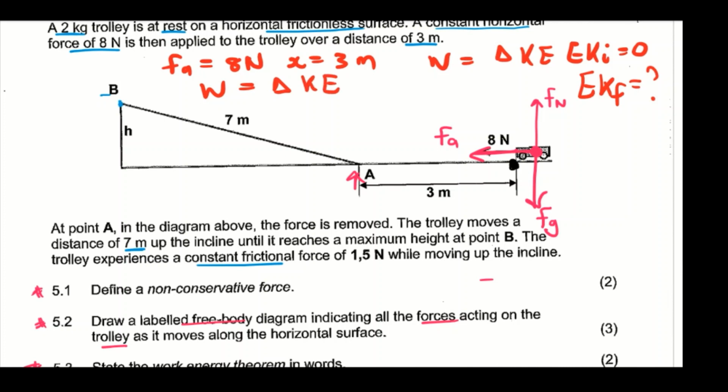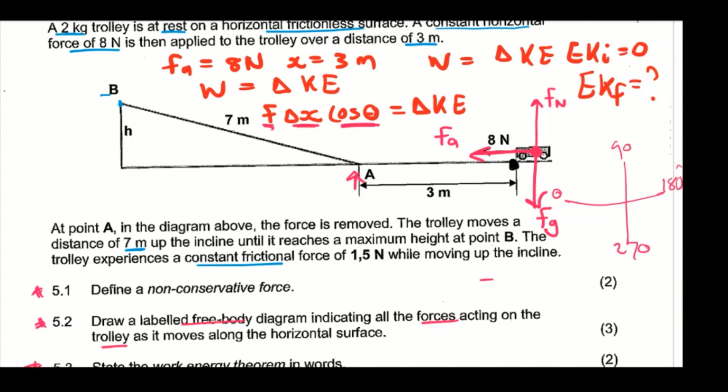So the whole point here is to find the velocity, right? We know that work is equal to the force multiplied by the horizontal distance and cos of theta, which is equal to the change in kinetic energy. We know the force, we know the distance, and then cos of theta. The object is moving at 0 degrees, right? You know your Cartesian plane, so depending on where your 0 is, if your 0 is here and your 90 is here and your 180 being here, 270.